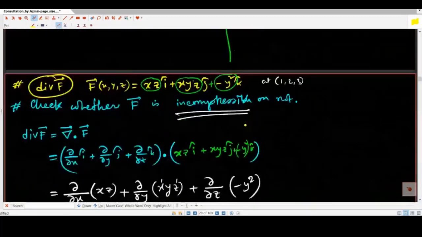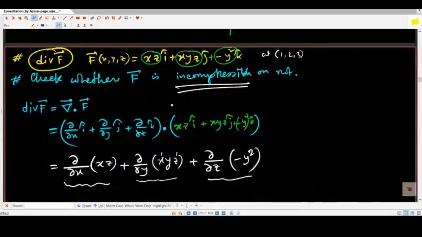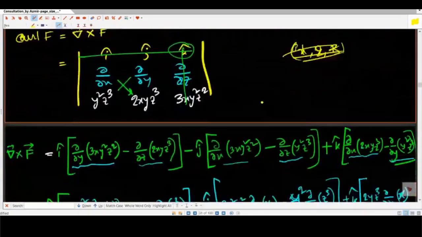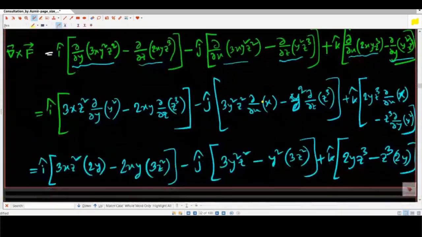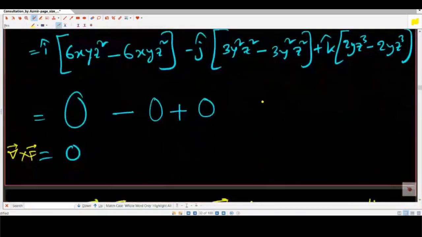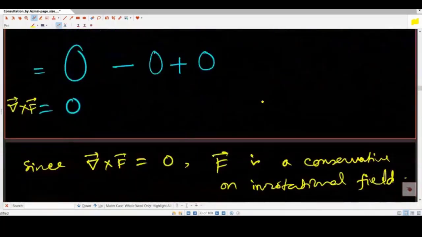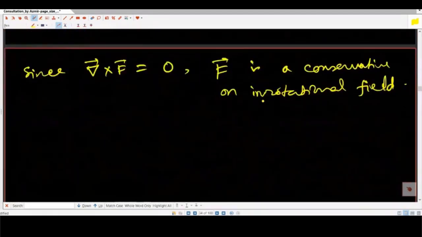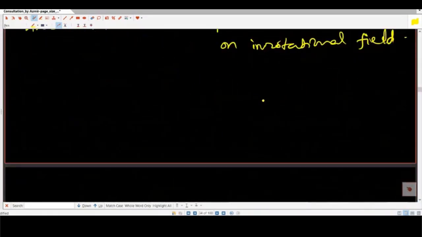Similarly we can find curl at any given point. So this is what we know as vector calculus. It has many applications in several fields like electricity, magnetism, gravity, fluid flow.